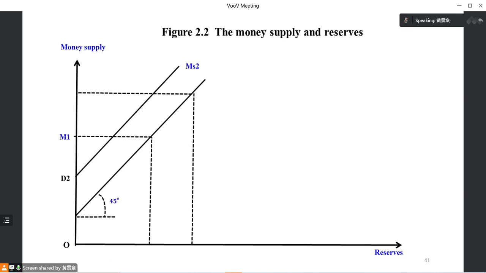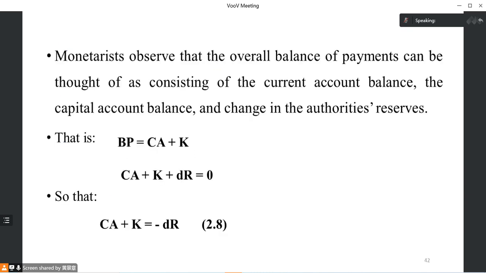And we should understand the money supply and reserves from figure 2.2. So from figure 2.2, we can get the equation CA plus K equals negative DI.